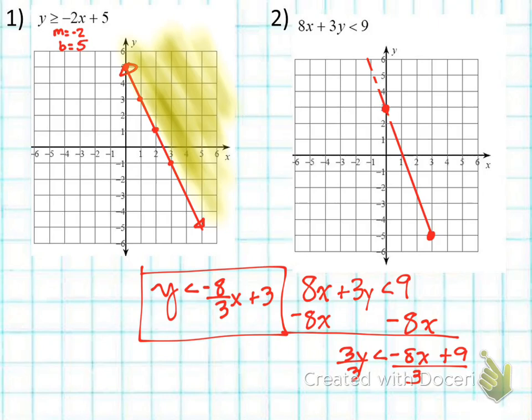It makes a dashed line also. Totally works fine. Whichever way you want to do it, it's fine with me. Then, of course, you shade like I taught you. It says less than, so we want to shade underneath. And I usually try to shade nice and even so that it looks real neat.